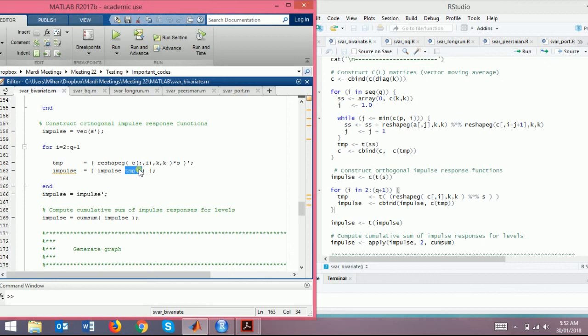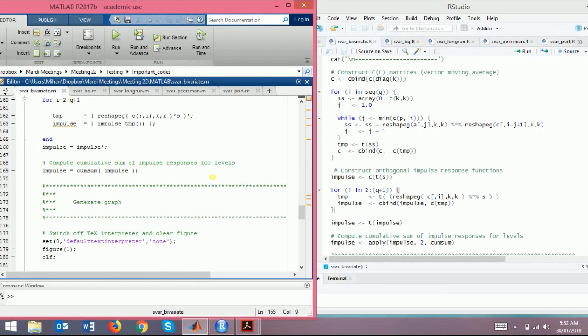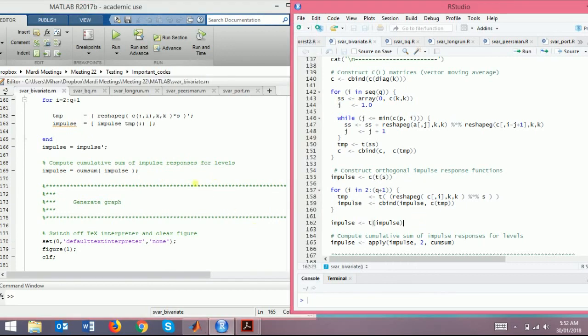No, you're taking all the elements from the first equation, then you're taking all the elements from the second equation. The trick is convert the matrix or transpose it, then take the elements. Then when you transpose it back, you get as you wanted, just like before. Beautiful, beautiful, beautiful. This was a very confusing thing for me, and now, yeah, beautiful.